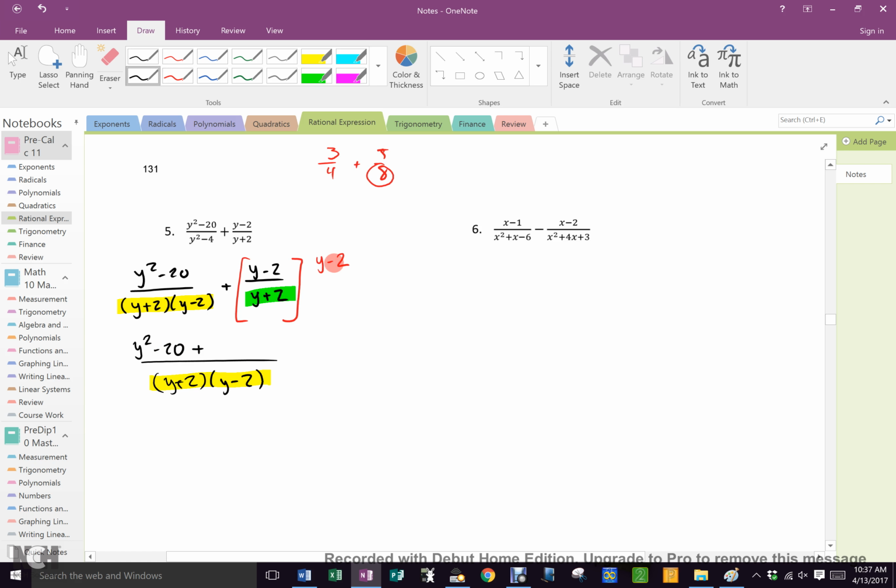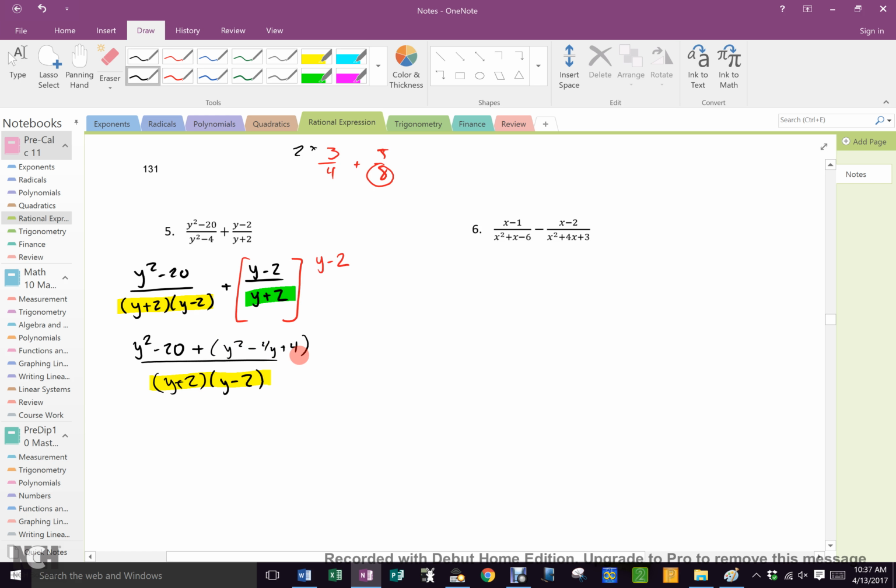Plus, now, what do I got to do here? I said not to expand in the denominator, but what do I got to do here? I had to multiply this by 2 and expand it, didn't I? So what do I got to do here? Expand it. Y squared minus 4y plus 4, yes?